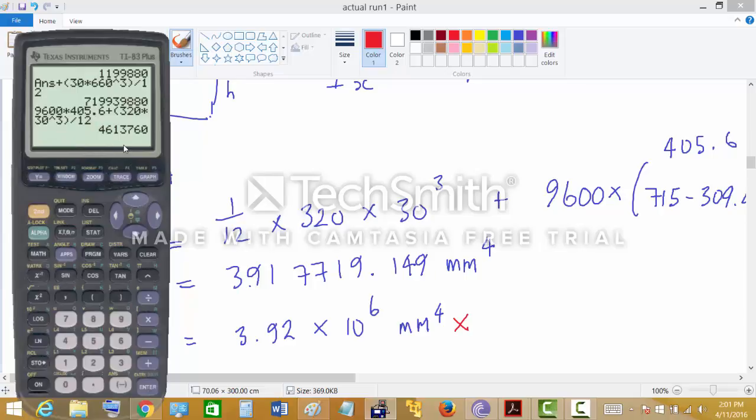So it's a little bit bigger. Bigger number. It's 4613.